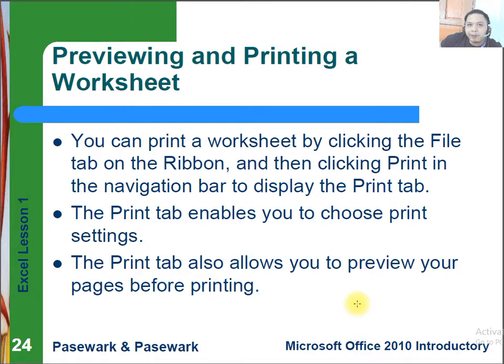Pwede mong palitan kung ilang copies. The Print tab also allows you to preview your pages before printing. So bago mo ipiprint yung worksheet natin, meron kang option na i-preview muna para makita natin kung ano yung magiging output niya kapag nasa hard copy na siya.